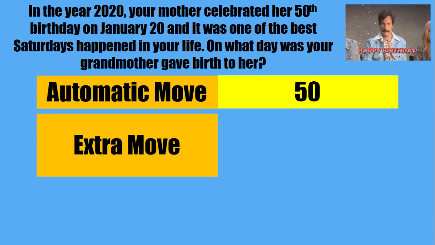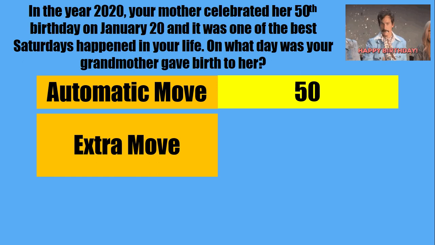So with this, let's identify now the extra move. Given that our date is January 20, our extra move here is the leap years. We need to consider the leap years from 1970 to 2020.